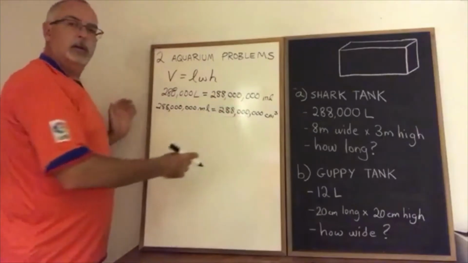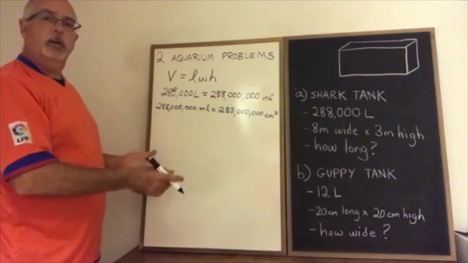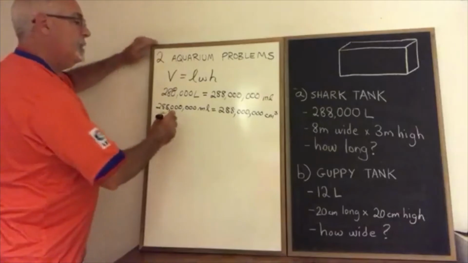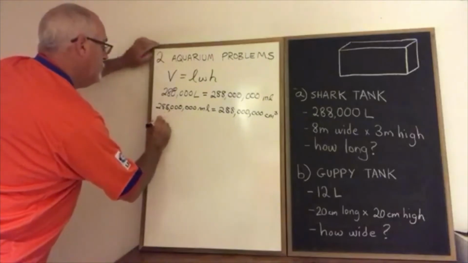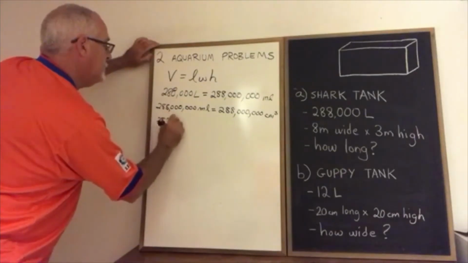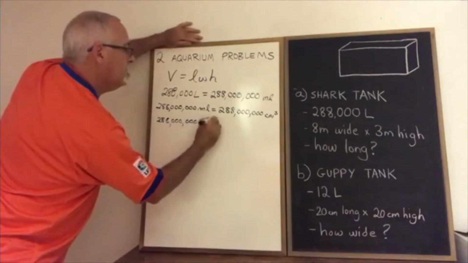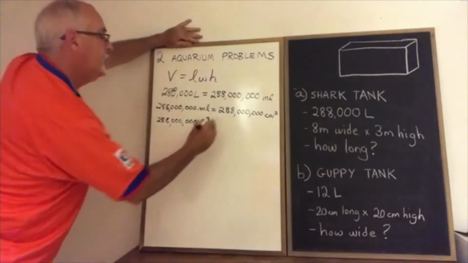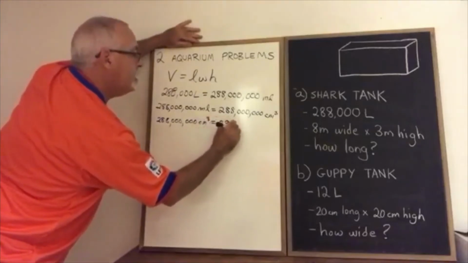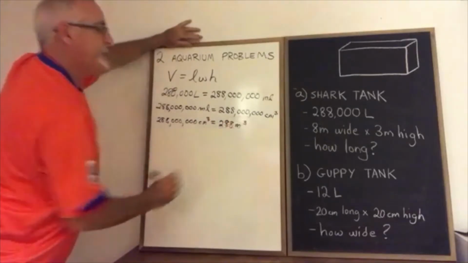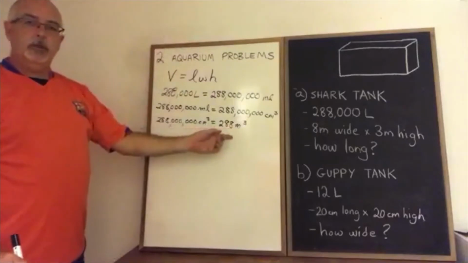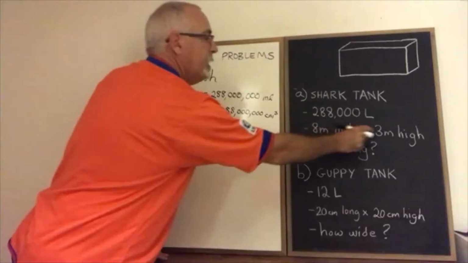How many centimeters cubed are in a meter cubed? 1 million. So 288 million centimeters cubed is equal to 288 meters cubed. This is more helpful to me right now because the width and the height that I know are in meters.